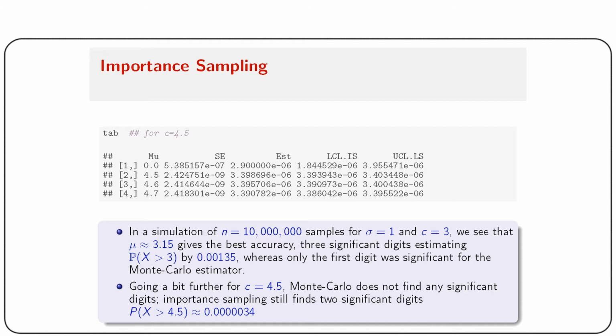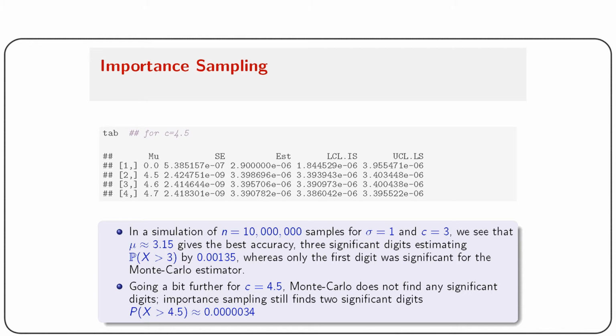Then in a simulation of n equals 10 to the power 7 samples for sigma equals 1 and c equals 3, we see that mu equal to 3.15 gives the best accuracy: 3 significant digits estimating the probability of X greater than 3 as 0.00135, whereas only the first digit was significant for the Monte Carlo estimator.